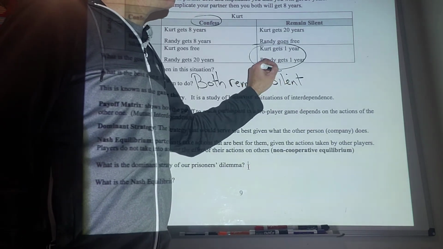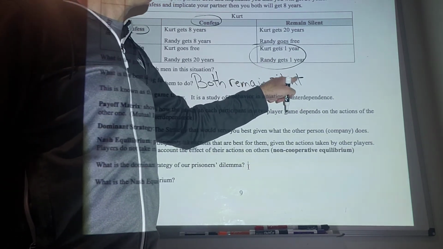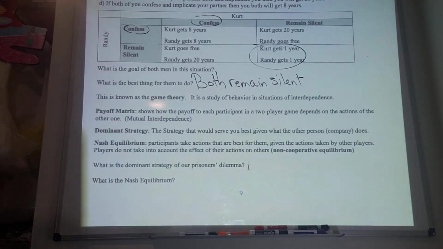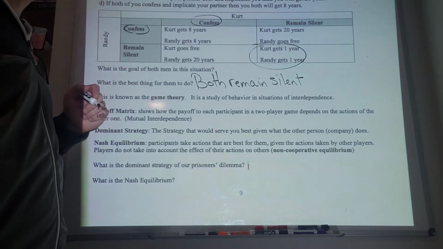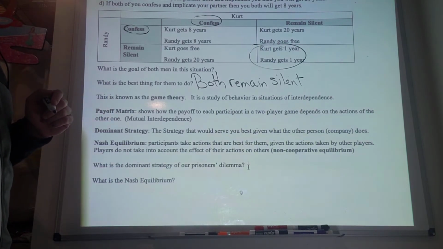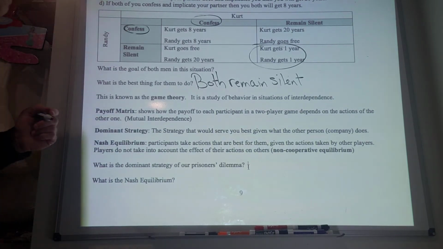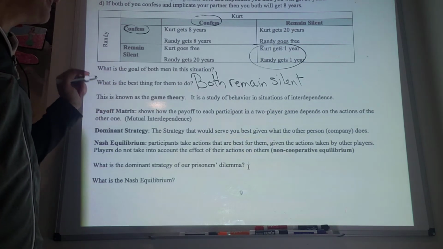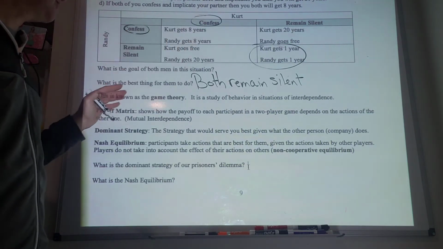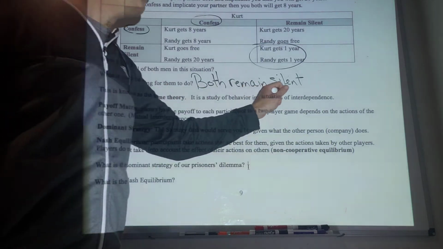If we can, we only get 1 year, which eliminates the chance of a long prison sentence, and we're only stuck with 1 year. But the problem becomes they can do better for themselves if they confess and the other person remains silent. This is game theory, and again, it's the study of interdependence.